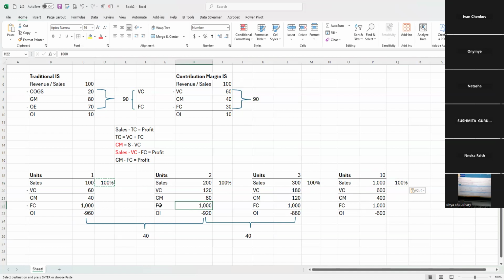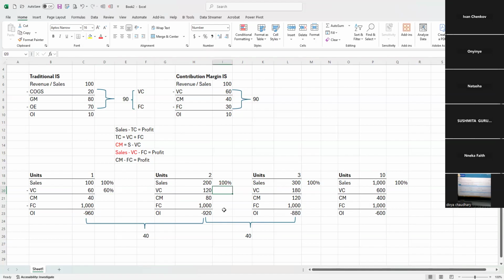Now the question is, as a percentage of sales, how much is the variable cost? 60%. How do you get it? Variable cost divided by sales, 60 divided by 100, 60%. This is when I sell 1 unit.